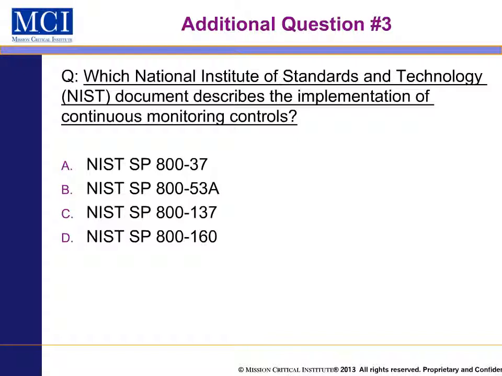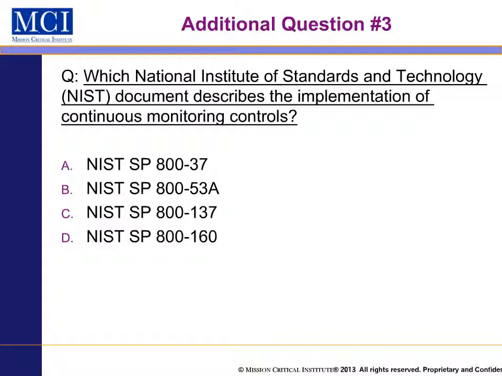NIST Special Publication 800-37 could very well be applicable because it is the guide to applying the Risk Management Framework to federal information systems. So it's really a security lifecycle approach to the six Risk Management Framework steps. Now, one of those steps is, guess what? Continuous monitoring. And it's talking about how to do this stuff. So that could be our answer.